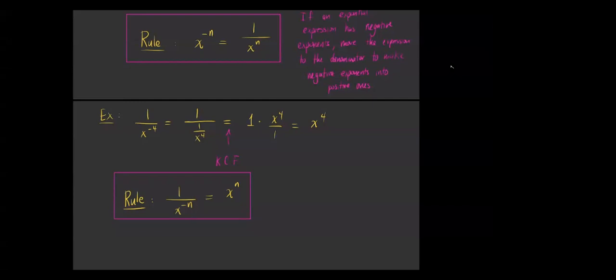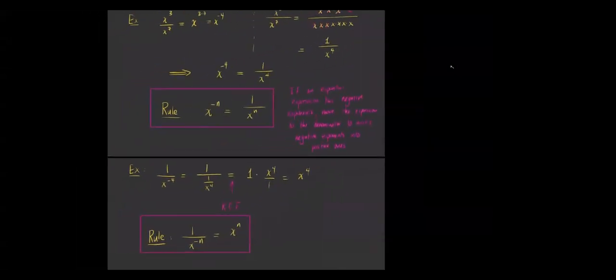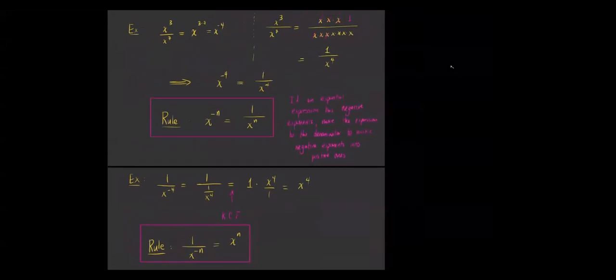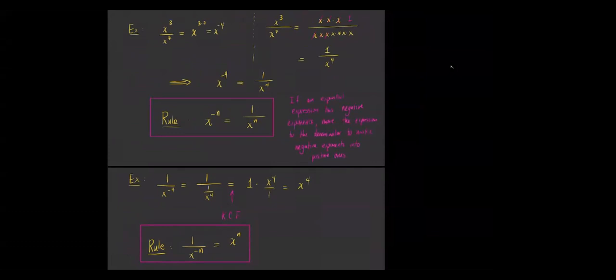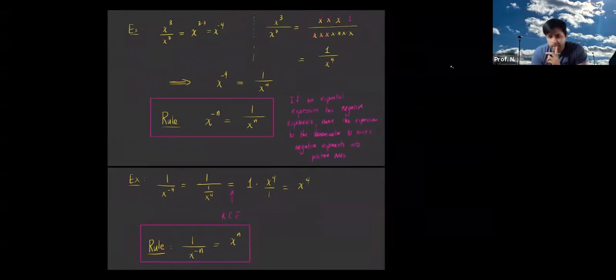Professor, I actually have a question. Yes. For the first rule where you converted x to the negative n power into 1 over x to the positive n power, do you have to do that conversion, so to speak, or can you just leave it at x to the negative n? We're going to be making every exponential expression have positive exponents. That's the reason why we're covering this rule, because this is going to be a very essential rule when you're being asked to simplify exponential expressions.